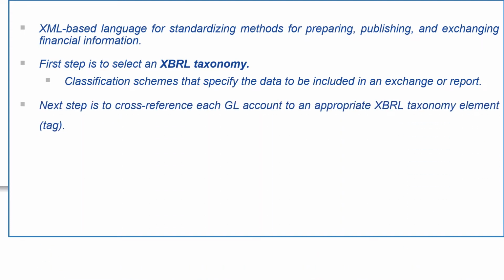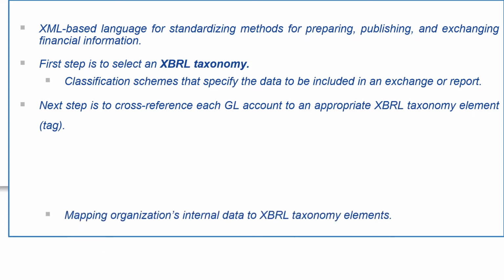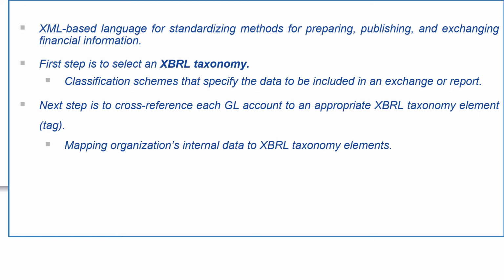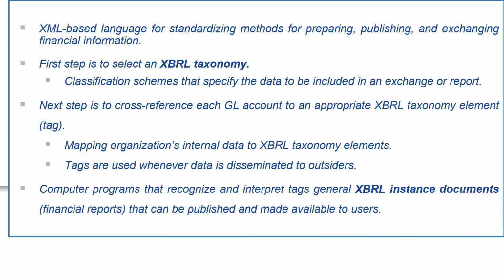The next step is to cross-reference each general ledger account to an appropriate XBRL taxonomy element or tag, mapping the organization's internal data to XBRL taxonomy elements. Then tags are used whenever data is disseminated to outsiders.